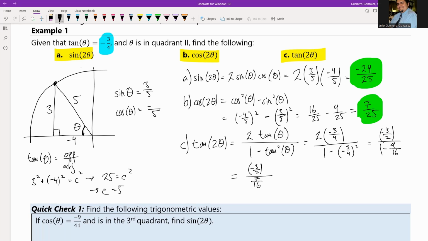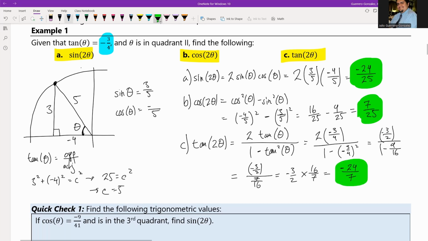Yep, I like it. If you do this out, negative 3 over 2 times 16 over 7, negative 24 over 7. That's what it reduces to.